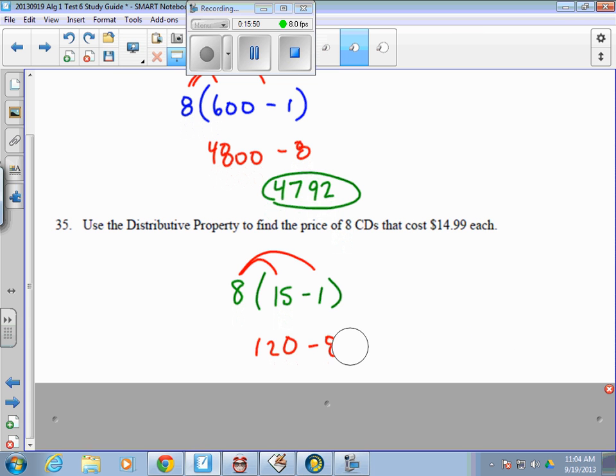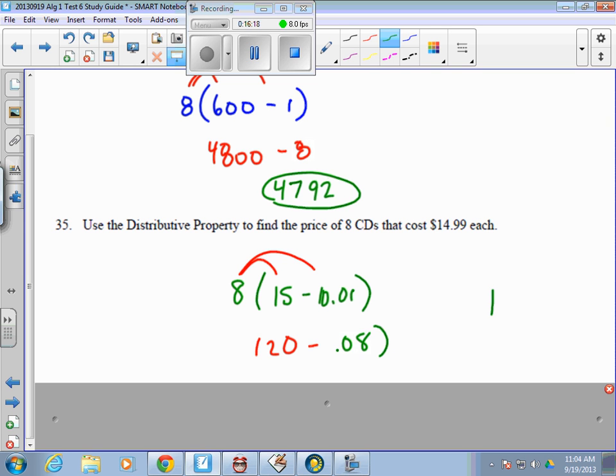You can leave that number, but it's not times 1, because it's not taking off $1 for each of them. It's times 0.01, because that represents 1 cent. So it's minus 0.08. So $120 minus 8 cents. So that would be $119.92.